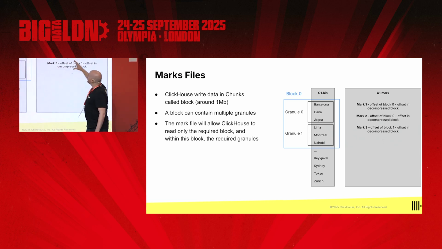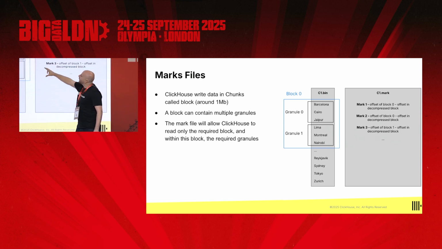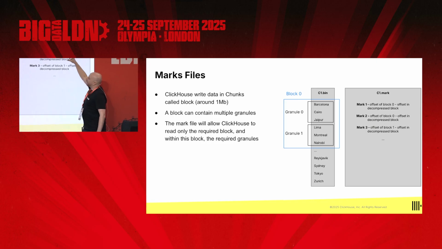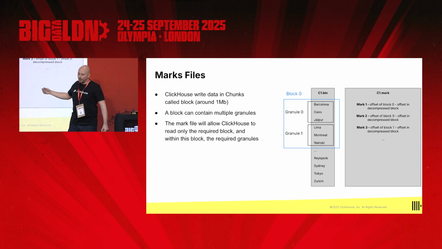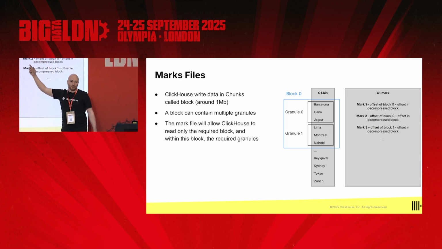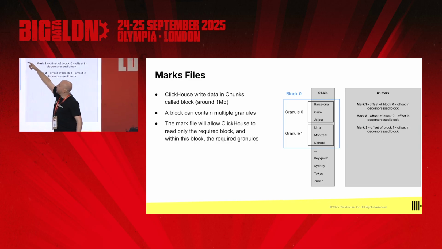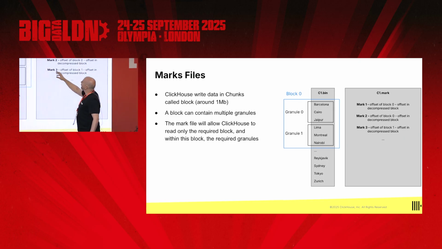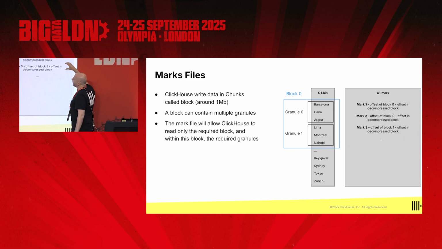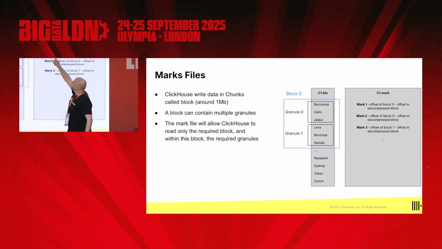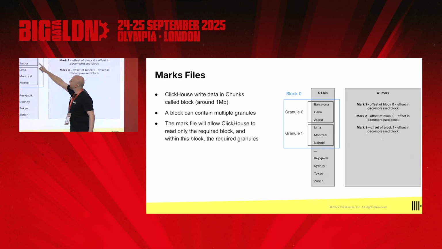And we are going to be able to use this block to create a mark file. Basically the mark file will contain a pointer to a specific block on a specific granule in a specific file. So remember, this is my compressed file. This is the corresponding mark file. So I know that I have my first mark that points to granule 0.